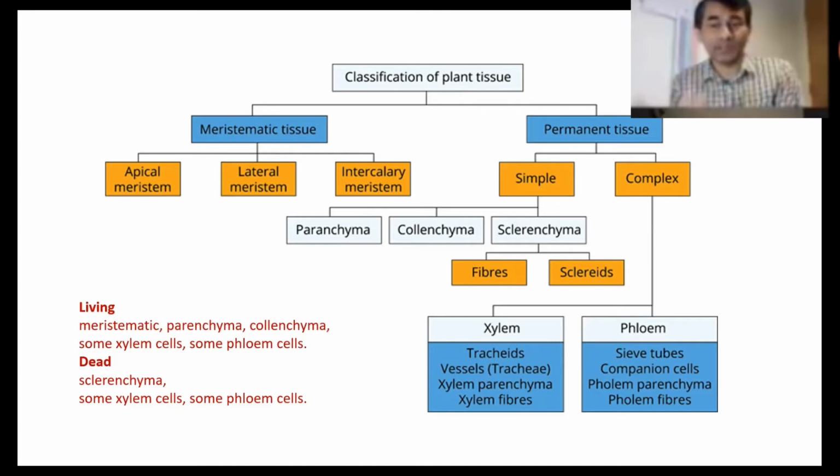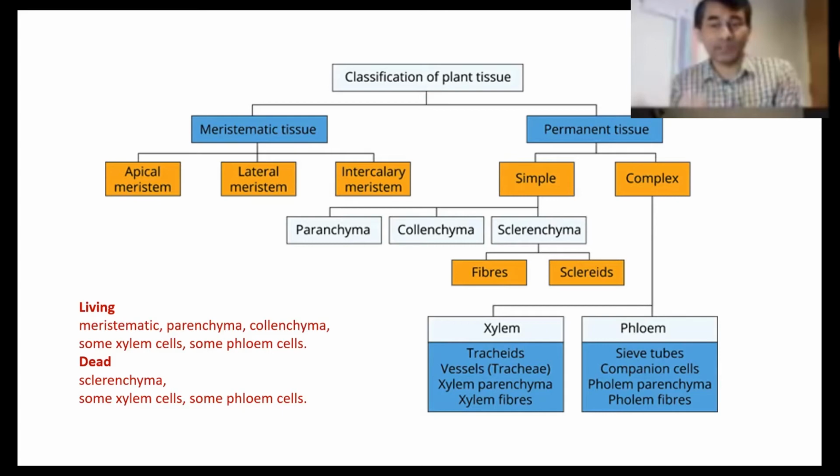Permanent tissues are more specialized. They are permanent, so they don't divide. They can be grouped into two classes, simple tissue or complex tissue. And simple tissue again has three classes: parenchyma, collenchyma, sclerenchyma. I'm going to talk a little bit more about these classes in the next slides, so don't worry about it.